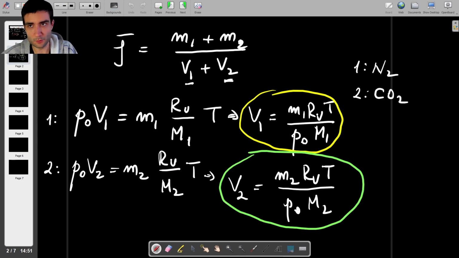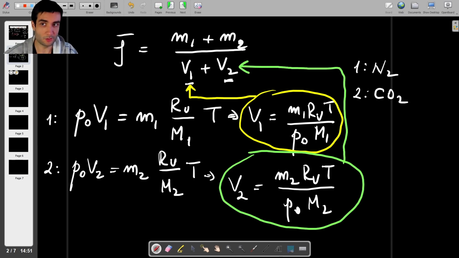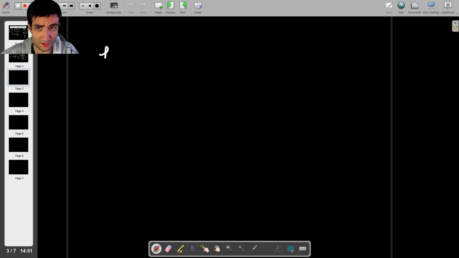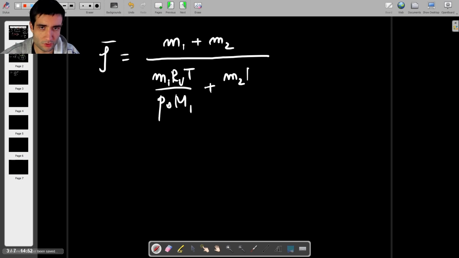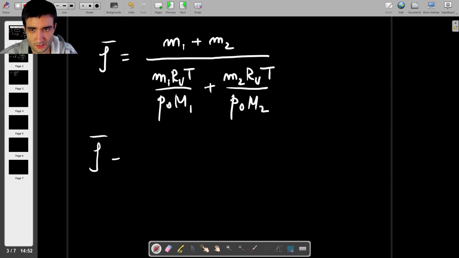So I'll take those and substitute them in here. Instead of V1, I'm going to write the stuff in yellow, and instead of V2, the stuff in green. So the average density is M1 plus M2, the total mass, divided by the total volume, which is M1 R T over P naught capital M1 plus M2 R T over P naught capital M2. Let's simplify as much as we can.